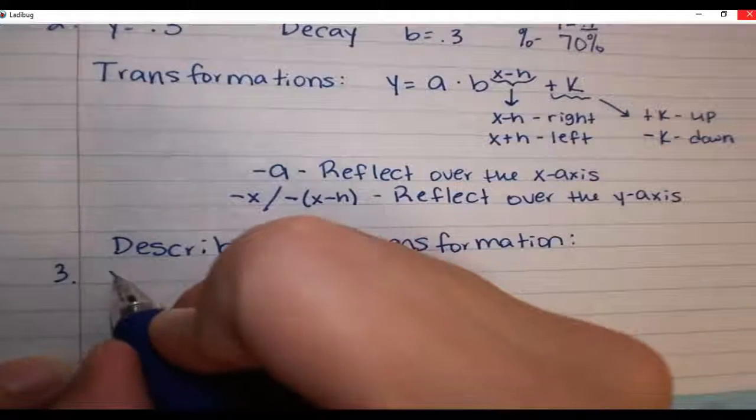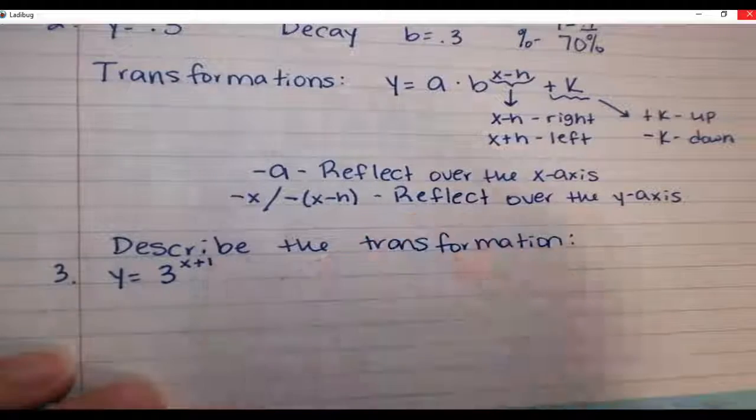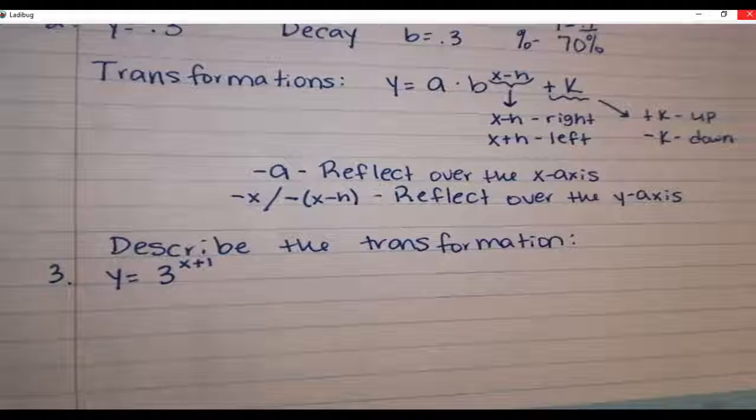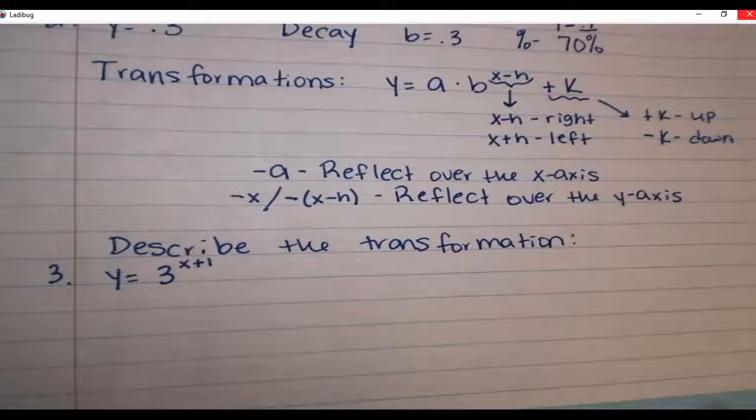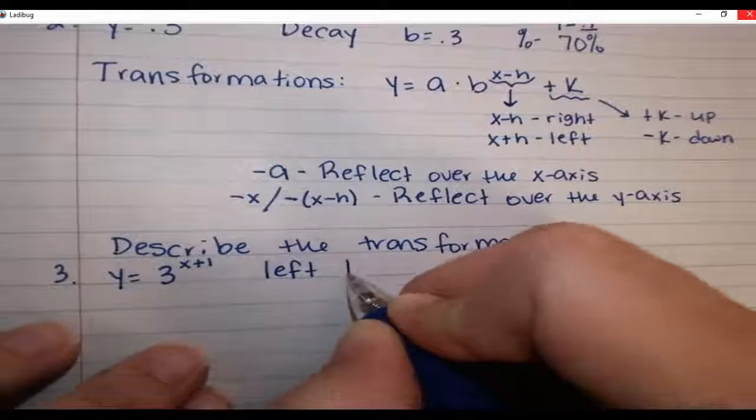So let's say our first one is y equals 3 to the x plus 1 in the exponent. So how does that one move if it's plus 1? Good, left. So that one would go left 1.